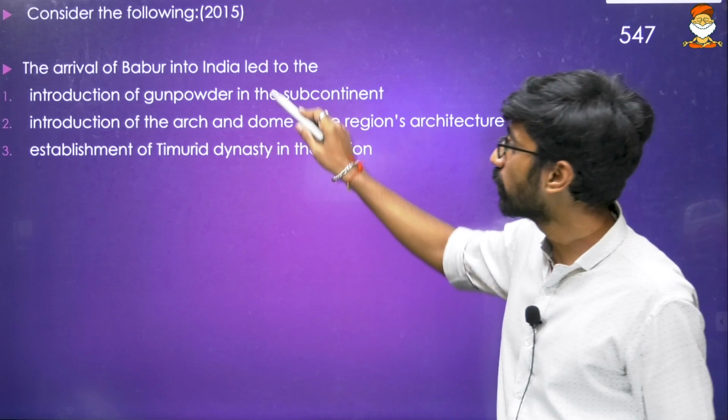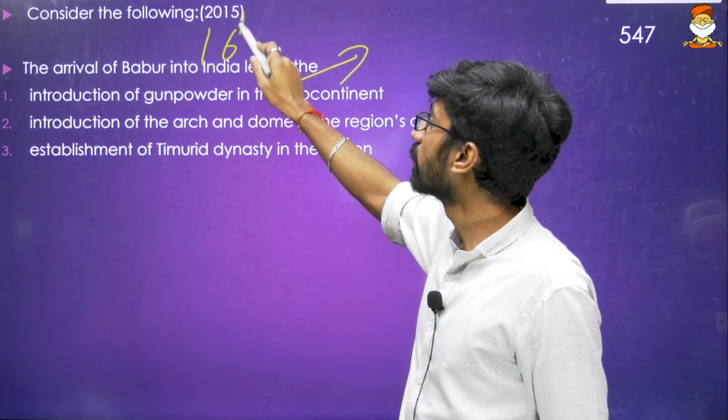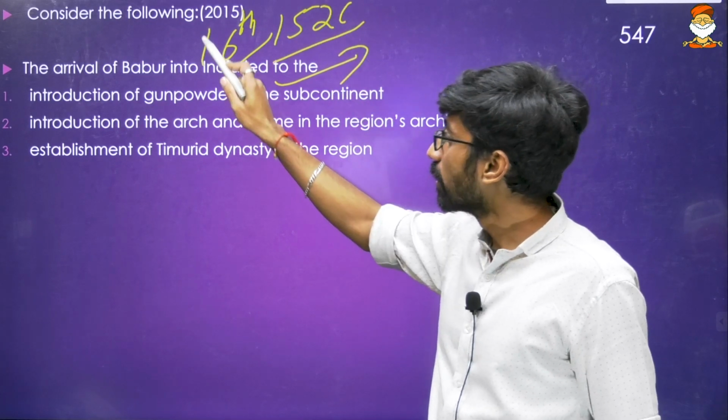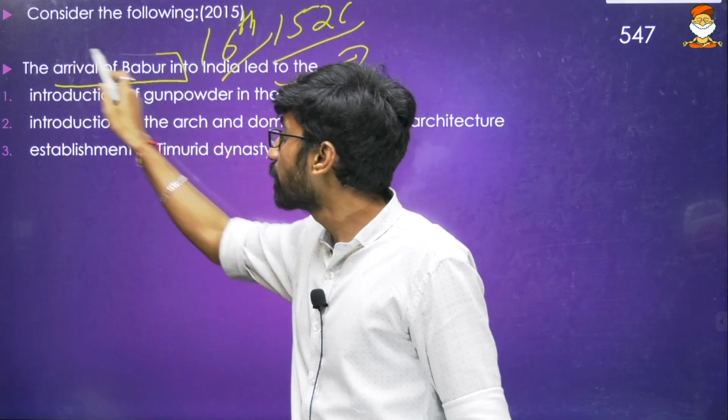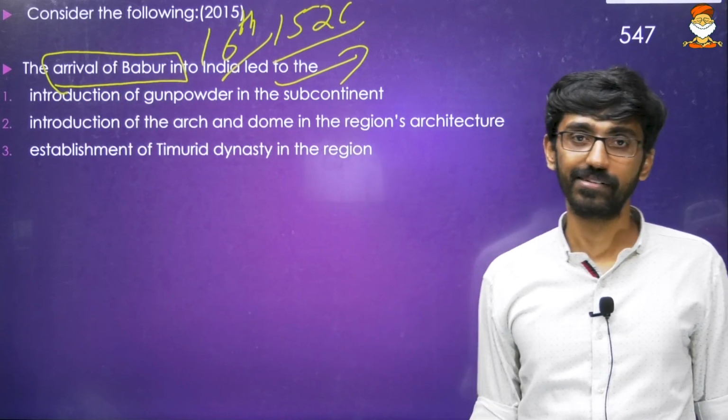See, gunpowder came to India when Babur came in the 16th century, that is 1526. Again, the same typical question was asked: when Babur came to India, which Sufi saint was there?